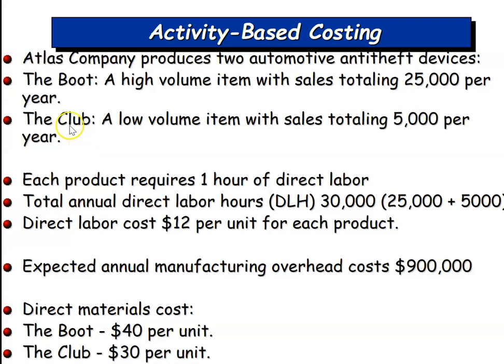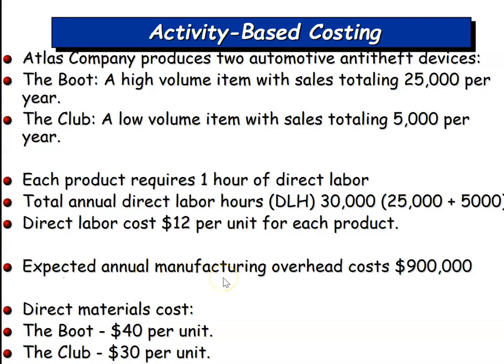And then the club, which is probably one of those things that you put on the steering wheel, a low volume item with sales totaling 5,000 units per year. Now, for purposes of simplicity, we're going to say that each of these products requires exactly 1 hour of direct labor. And so with that in mind, the number of units is going to equal the number of direct labor hours required, and the direct labor costs are $12 per unit.